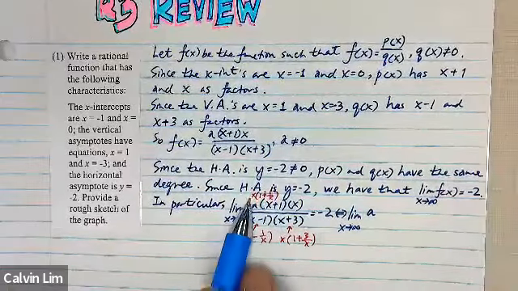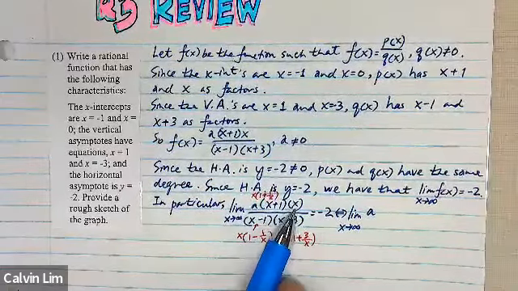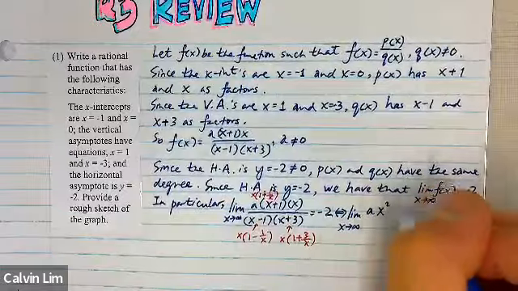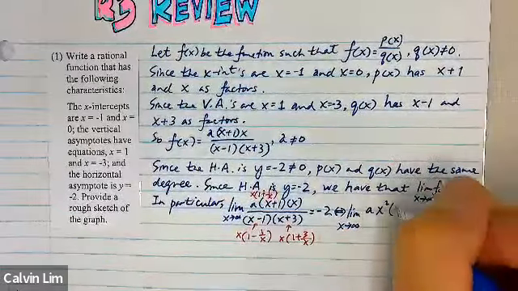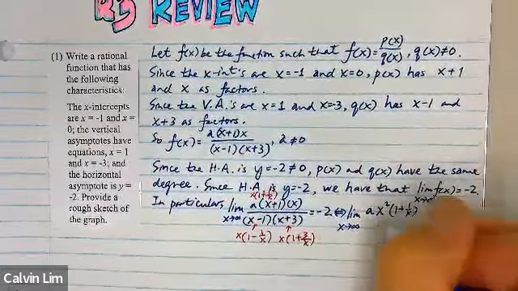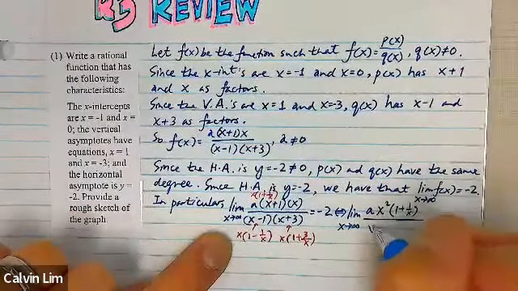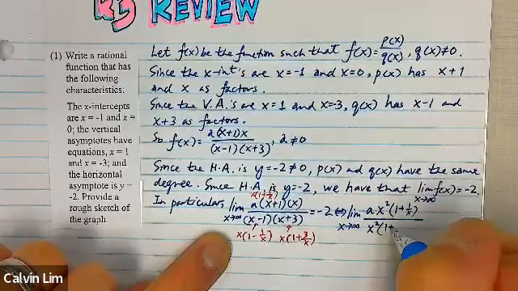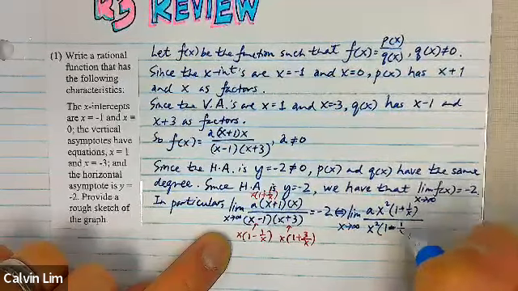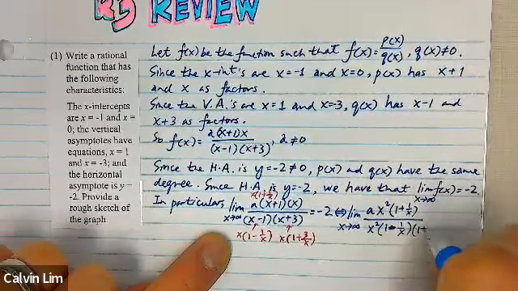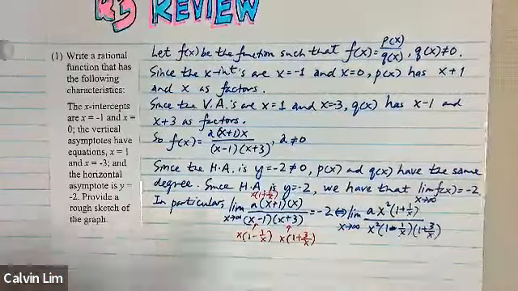So we have x times x, which is x squared, times 1 plus 1 over x. And the denominator is x times x, x squared, times 1 minus 1 over x times 1 plus 3 over x.